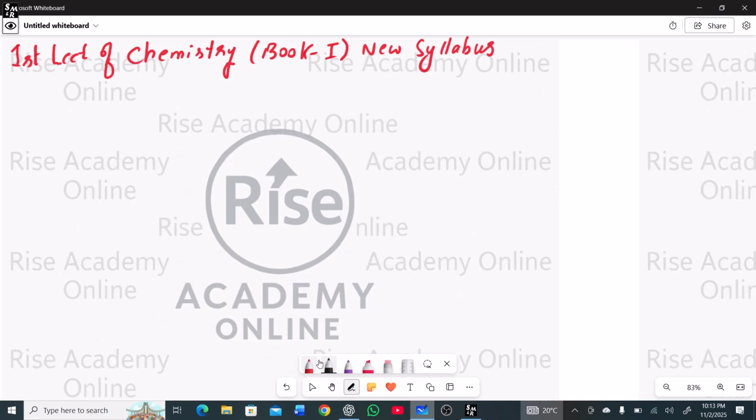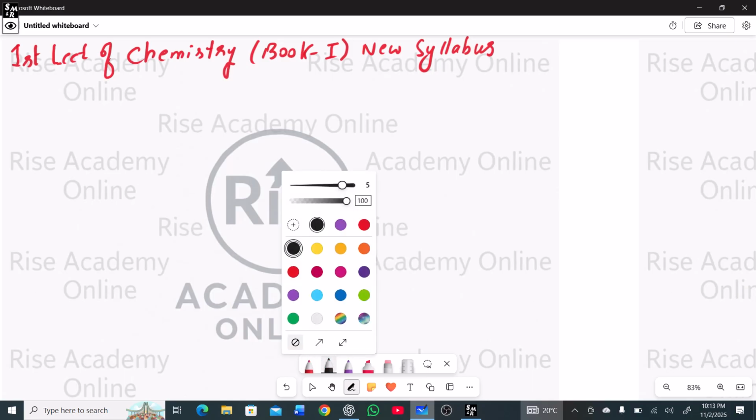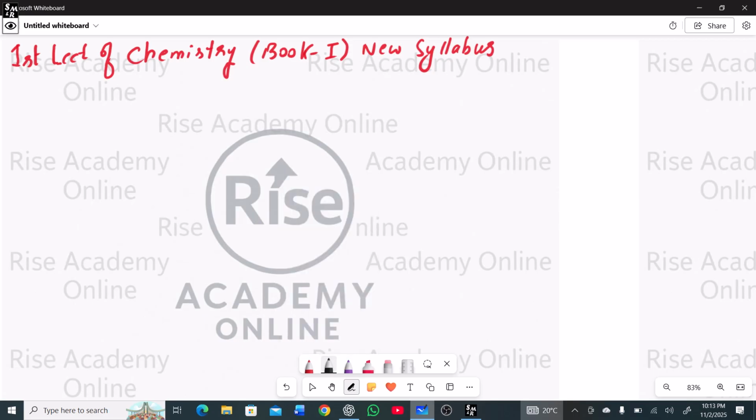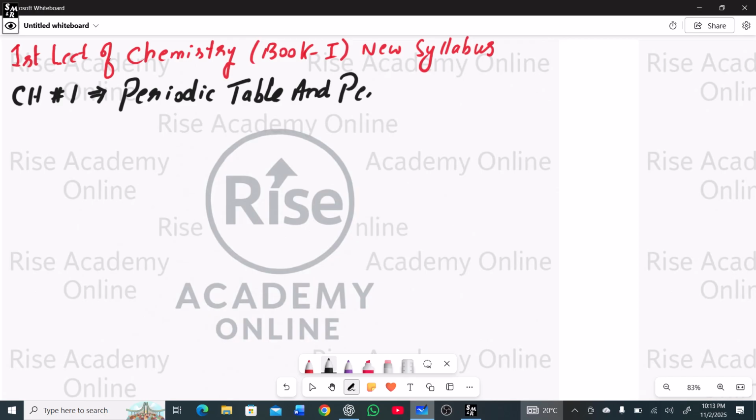So we will start from chapter number 1, which is periodic table and periodic classification.